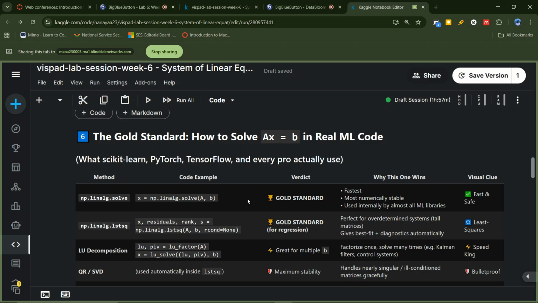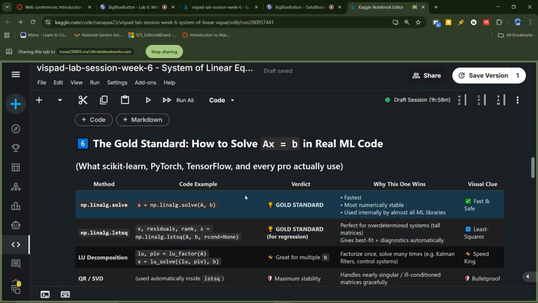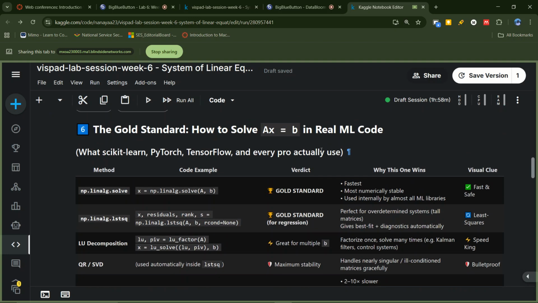Machine learning makes use of Python libraries like scikit-learn, PyTorch, TensorFlow, and people actually use them, right? Great. So these are all the ways of solving a system. What is a system? A system is Ax equal to b. x is the unknown we are looking for. So this is a simple overview to understand the various ways in which machine learning tries to find the unknowns.